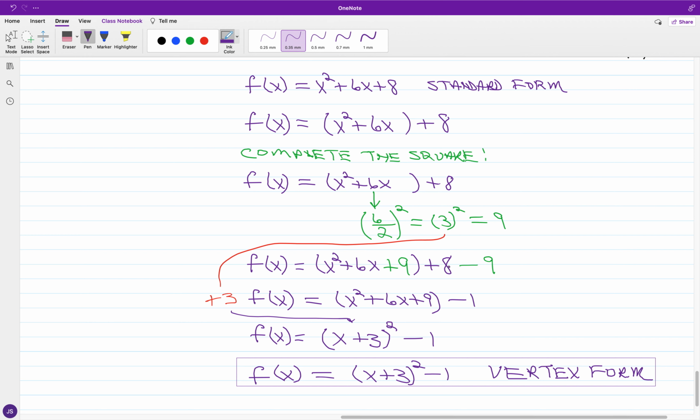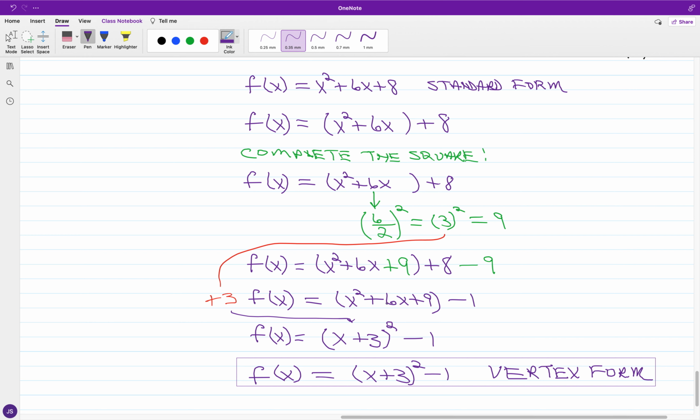Yeah. And the reason I'm keeping that 9 is that I'm trying to convert to the vertex form. So I need the variable expression to be the square of something. And I need that 9 to form that trinomial. So think of it like this. Notice I have x squared plus 6x plus 9, and I took 9 away from 8.